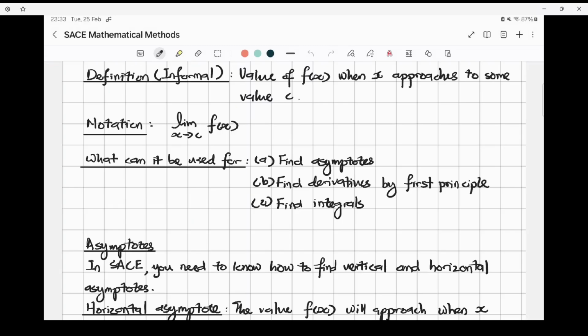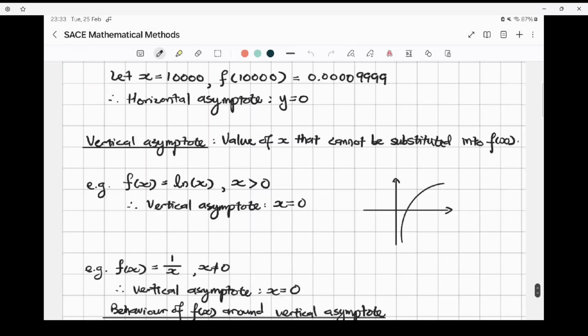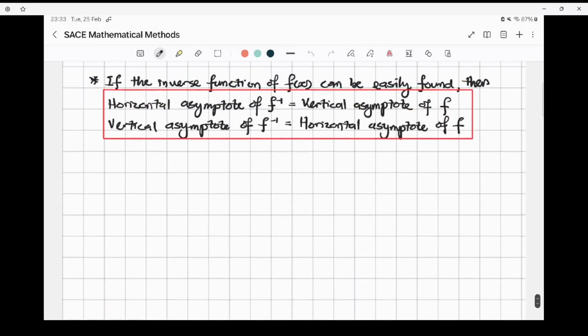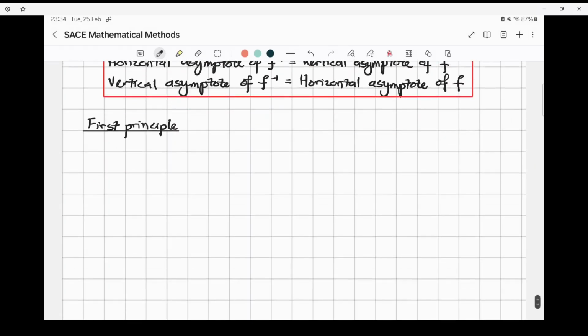So before we go into the idea of first principle, essentially, why do we need to define differentiation?